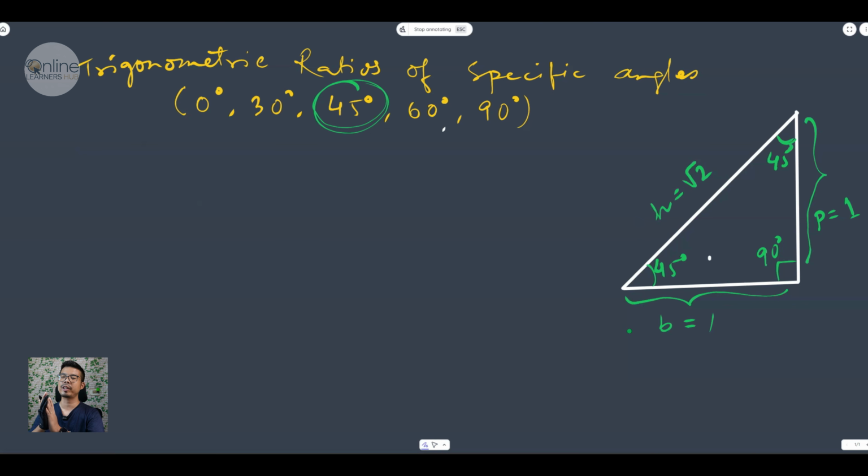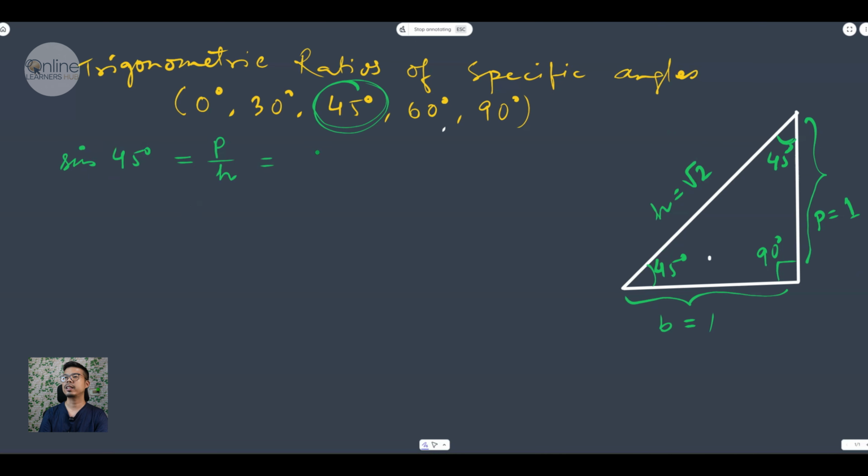Once you remember this figure for 45 degree, you will be able to answer any trigonometric ratio for 45 degree. Okay. Now let's jump to the values. Let's say sine 45. What is sine 45? Again, going back to our previous session, some people have, P by H. So what is P by H?